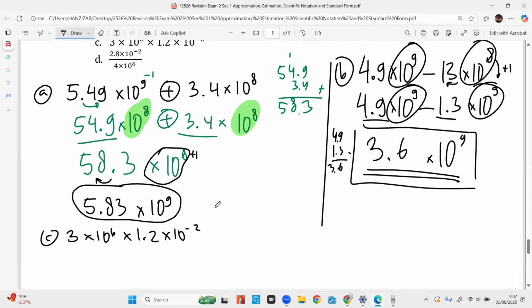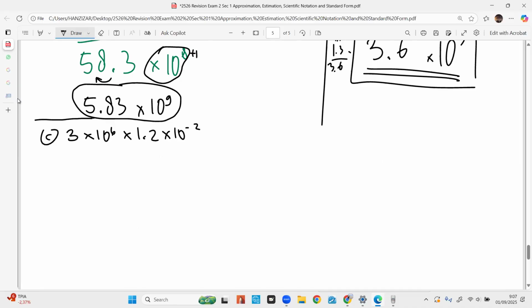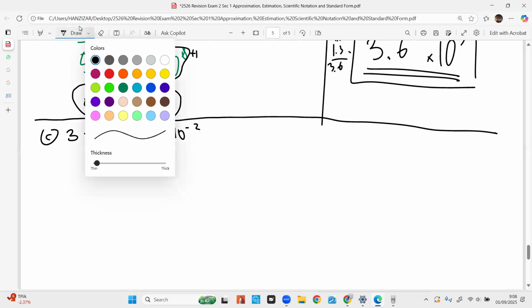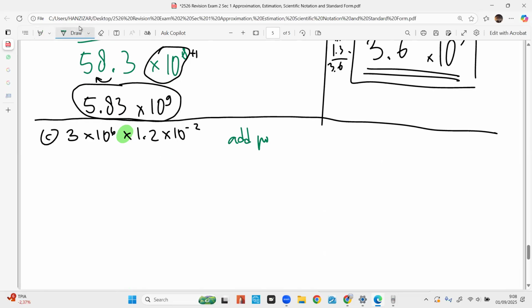Now, for multiplying and dividing, think as simple as you can. Focus on the multiply. If it is multiplication, you just add the power. And you just multiply the number as simple as that, as usual. 3 times 1.2, 3.6.